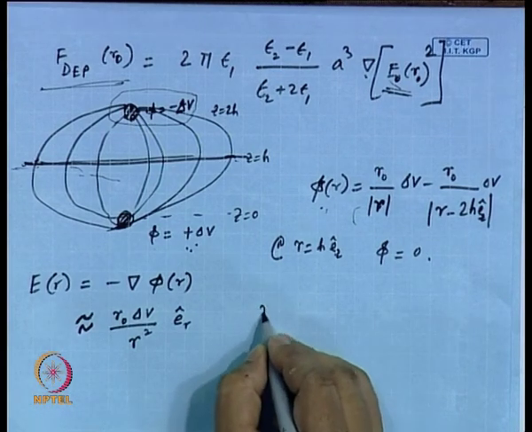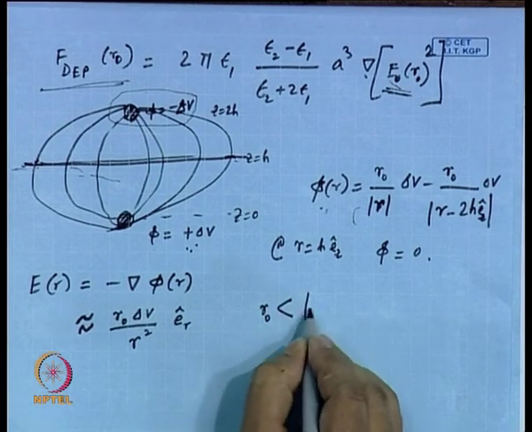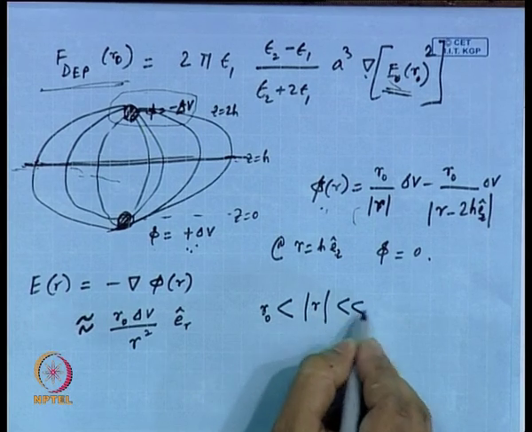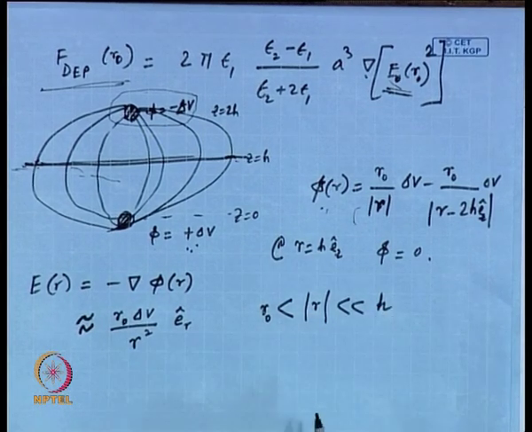And the approximation here is something like this. What do we do here?